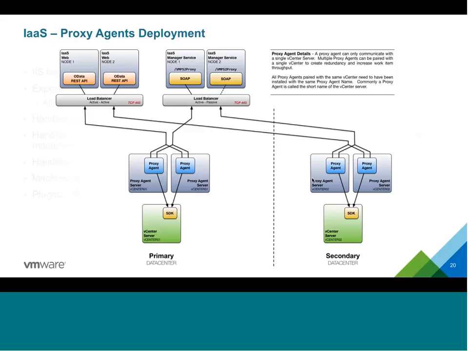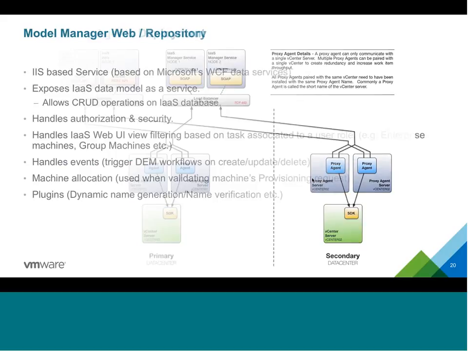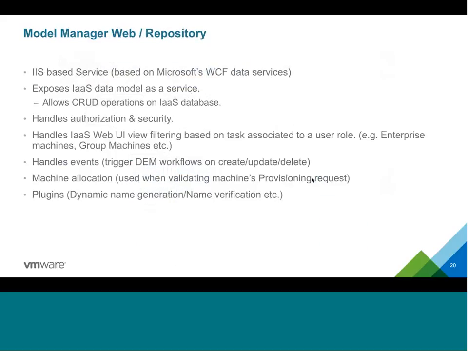Next, the model manager. So we had the manager service, we had the proxy agent. Next one is the model manager web or repository. It's a typical IaaS-based service which exposes the IaaS data model as a service. So when you deploy a vRA appliance, the cafe appliance, you get certain web pages.